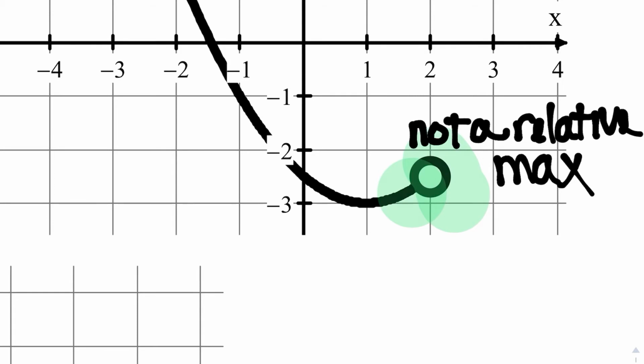We can get really close to that open circle, and we have an infinite amount of numbers leading up to that. So I can't pinpoint one value that's going to be higher than the one on either side of it. So we would say there's not a relative max, but this guy down here would still be a relative minimum.